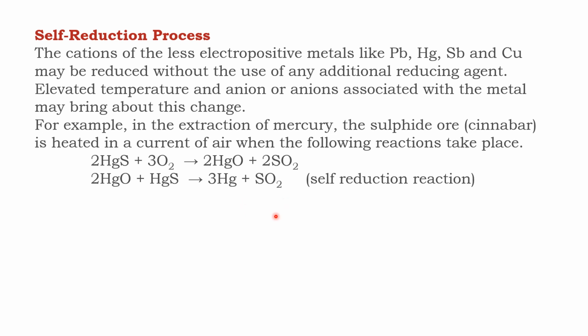So in certain cases, the reduction could be carried out by the oxides or sulfides or carbonates of the same metal ions. I told you, depending upon the metal ore or metal oxides, we adopt different reducing agents to carry out the reduction process.